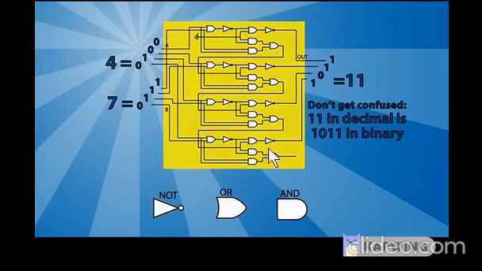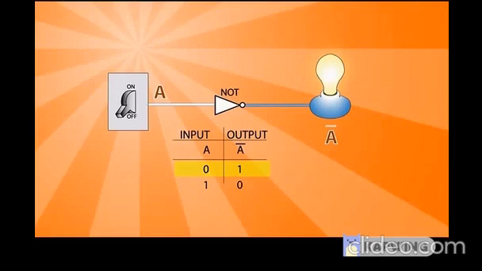So let's take a look at some very simple applications of these gates. First we are going to learn about the NOT gate. Remember in LDR I told you that an LDR works in light conditions and in the dark it turns off, right? Then I gave you the example of garden lamps where it works the opposite way, or street lamps, which turn on at night time and turn off in the daytime, right?